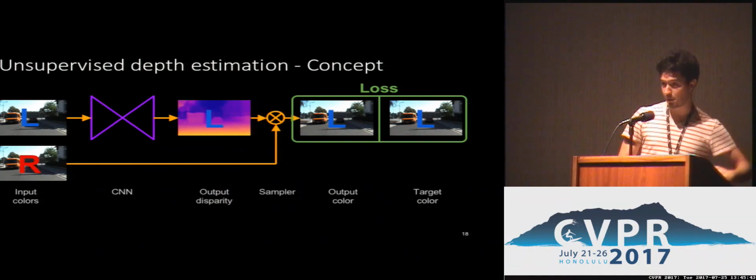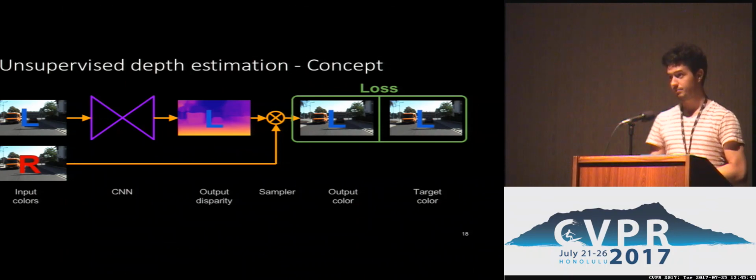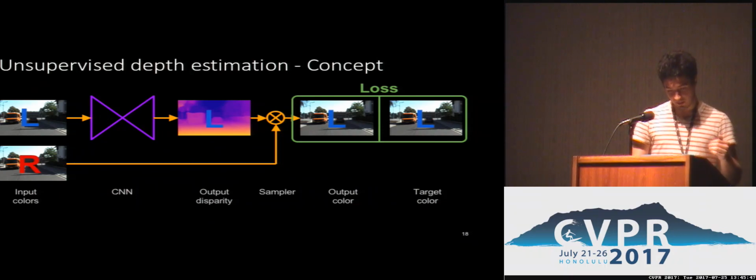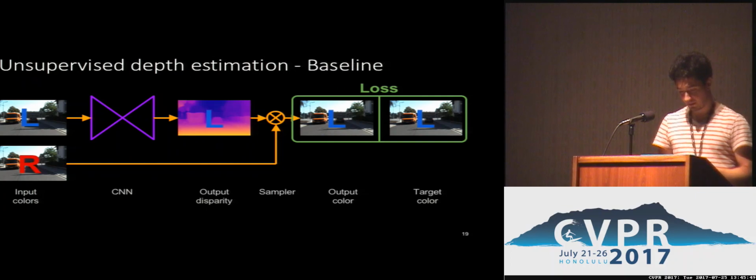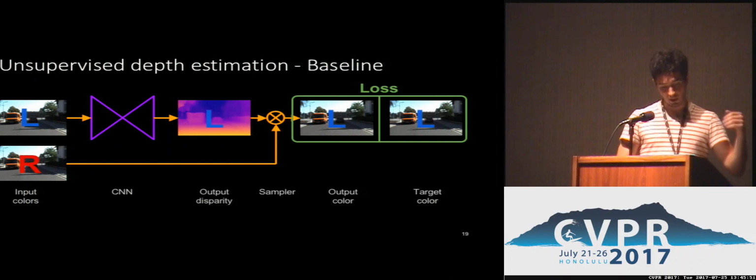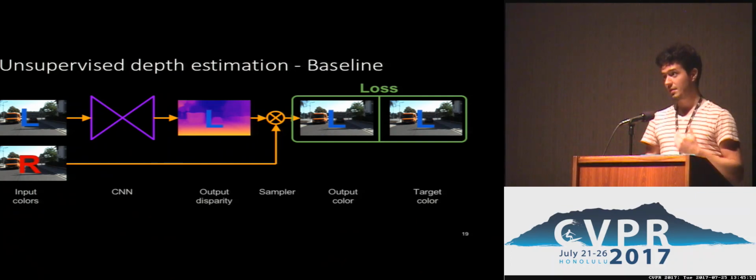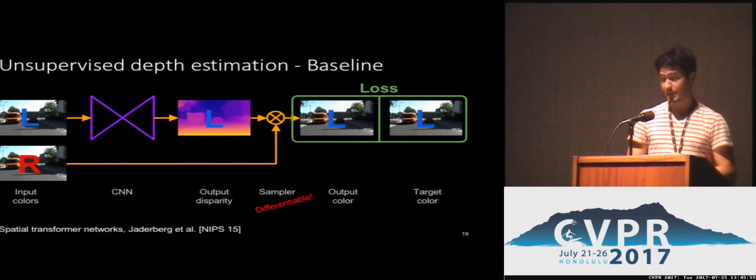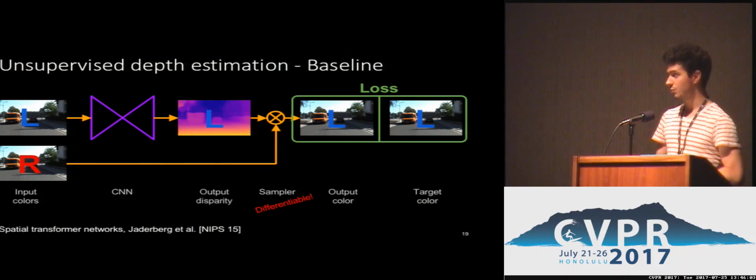Well, we just sample one of the input images using this disparity. This is what we will call our baseline. As our first contribution, as the sampler, we use the bilinear sampler from the spatial transformer network from 2015, which is fully differentiable, which means that we can train end-to-end and have good reconstruction quality.